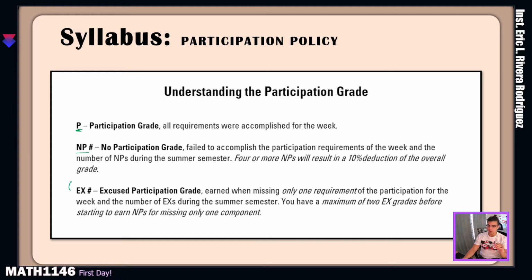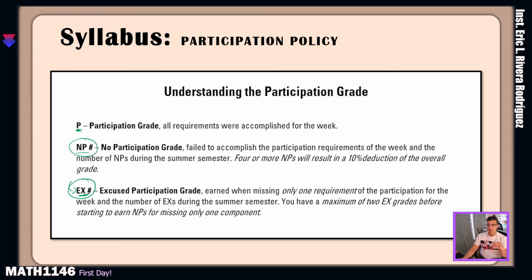If you receive an NP, that means two things. If you have used all the excused participation grades, then you have missed at least one requirement, one or more. Okay? If you have not used any excused week, remember that you have two. If you have missed just one, then you will have an excused participation grade.